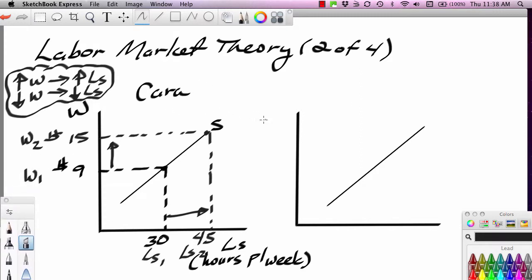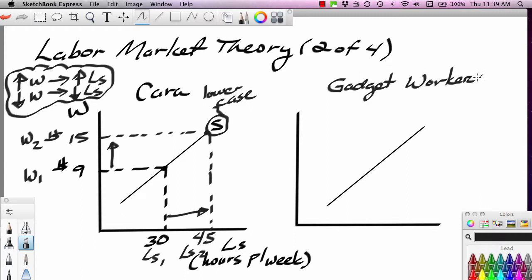Okay? Now note here that this supply curve is lowercase, small s, indicating that this is the supply curve for an individual worker. We can take all of the gadget workers, Kara and Bill and Tom and Sarah and all of the gadget workers in a particular area, and combine their supply curves and get what we call a market supply curve.